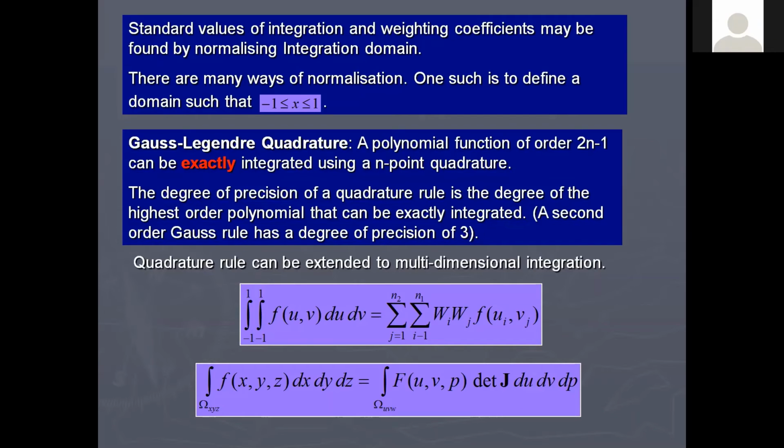It will be 2-point quadrature. Why? Oh, sorry, second order polynomial. Second order polynomial? You're saying that for a second order polynomial, I need to use 2-point quadrature. Why is that?